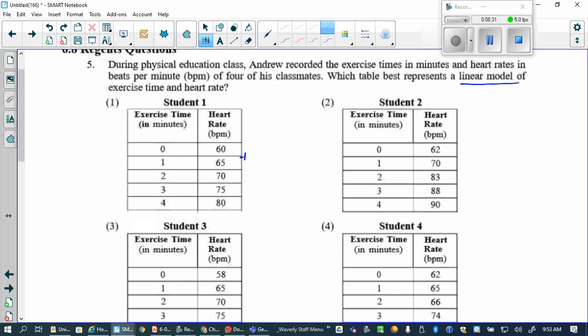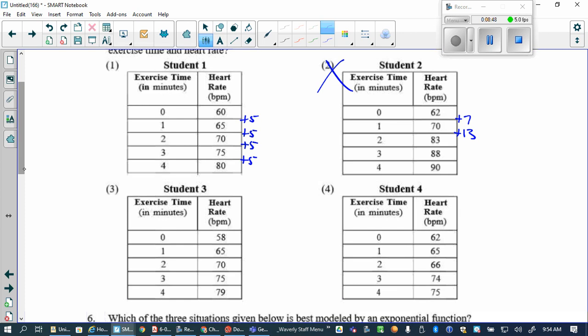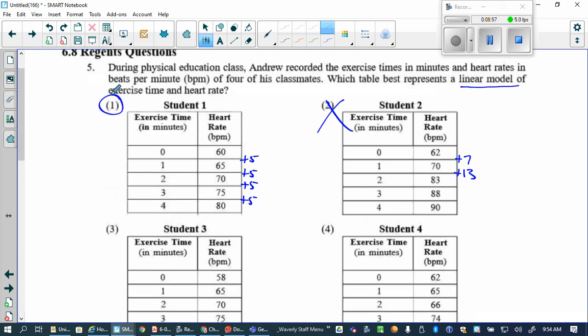The first one's linear because you're adding 5. And then in number 2, you're adding 7, and then you're adding 13. Adding 5, plus 7, plus 13, right out of the gate, that can't be right. Similarly for the other two, you're adding and subtracting different amounts each time, so not a constant rate of change. That was the hardest one.